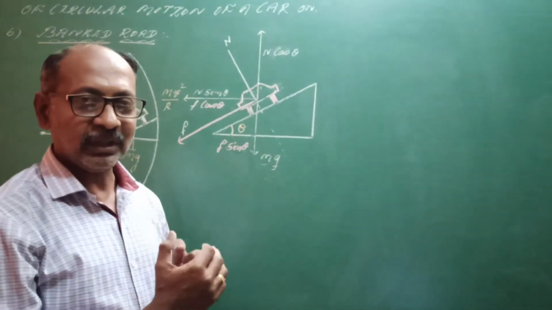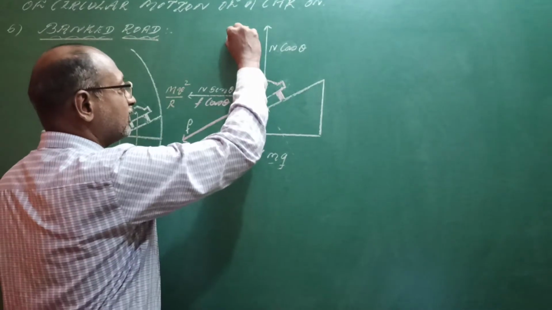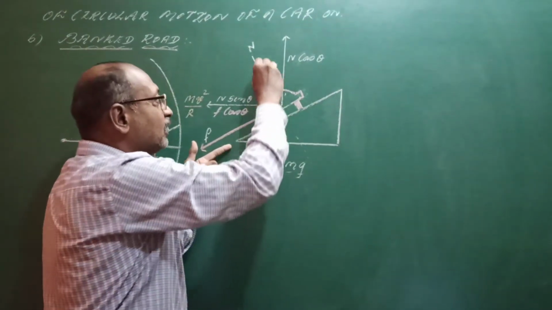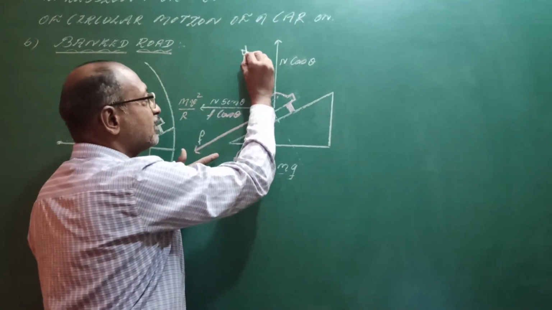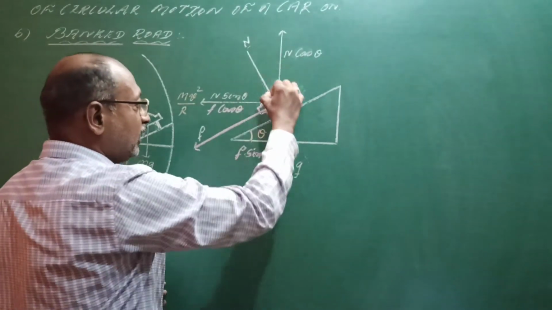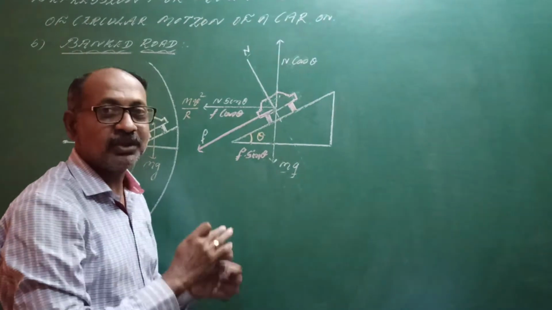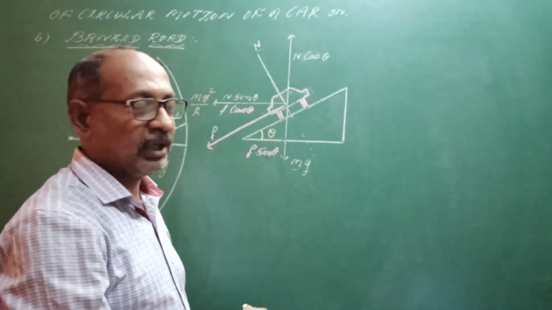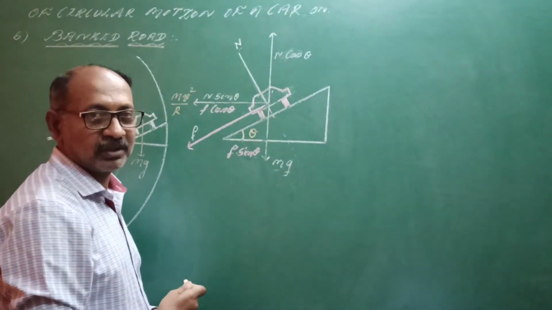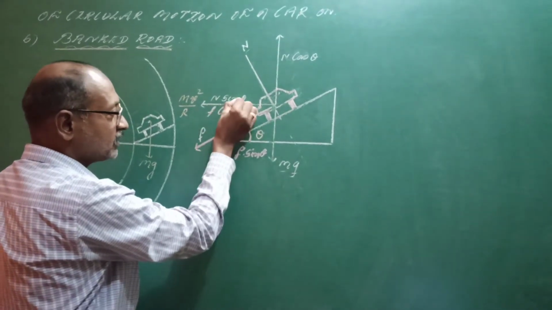Then what is the reaction force? The normal reaction force is always perpendicular to the surface. This one is the normal, mentioned as N. This N is divided into two components, one horizontal and another vertical: N cos theta and N sin theta.